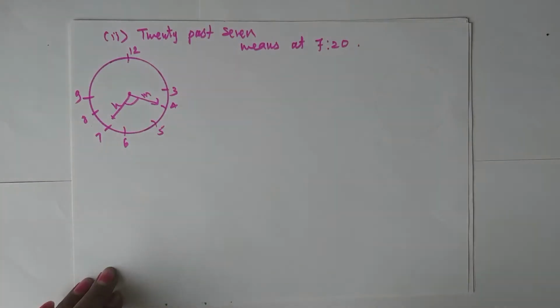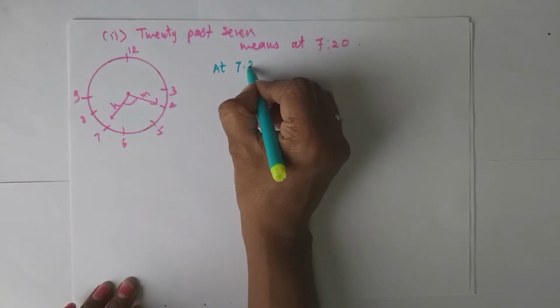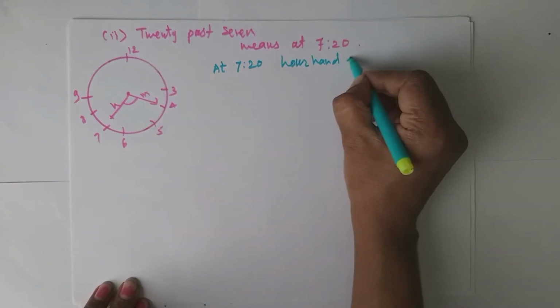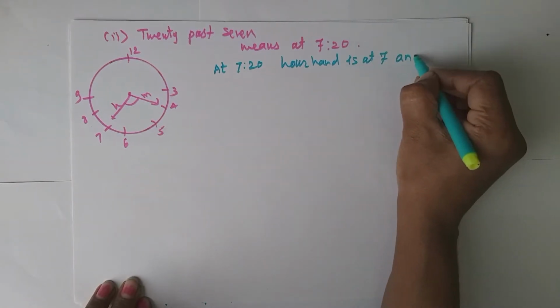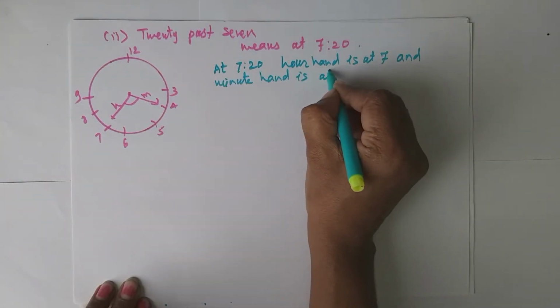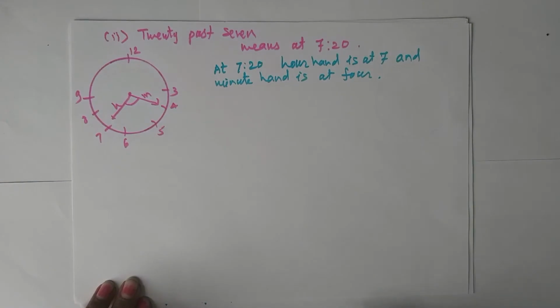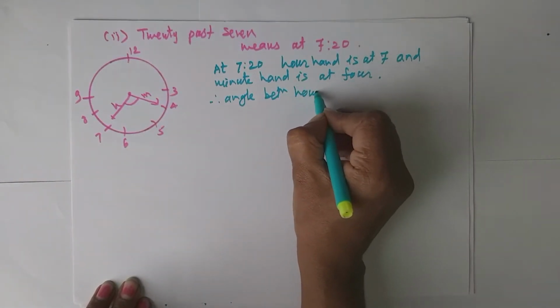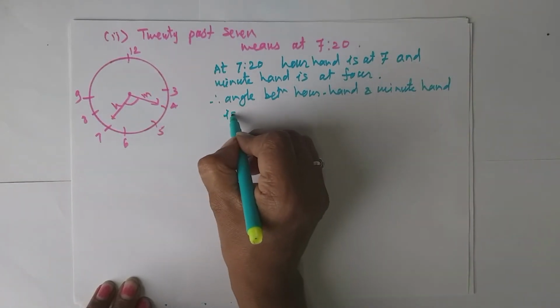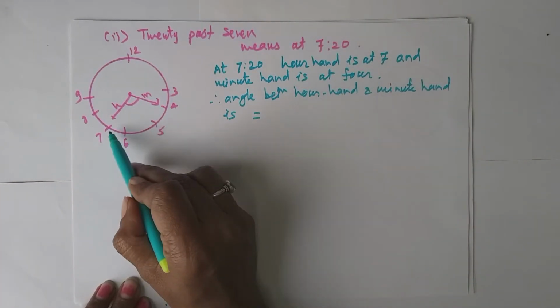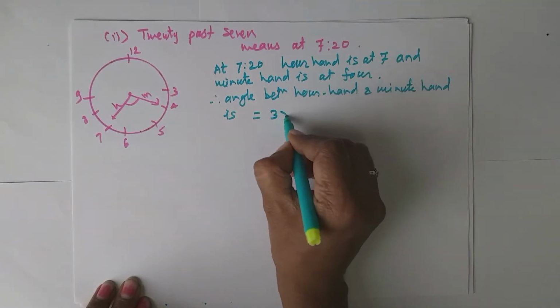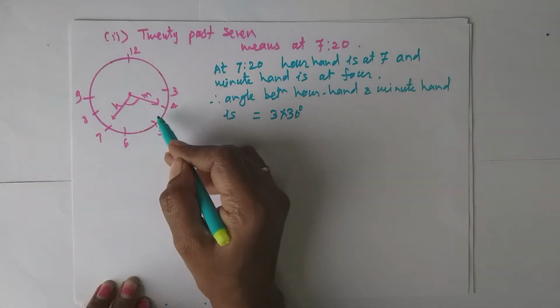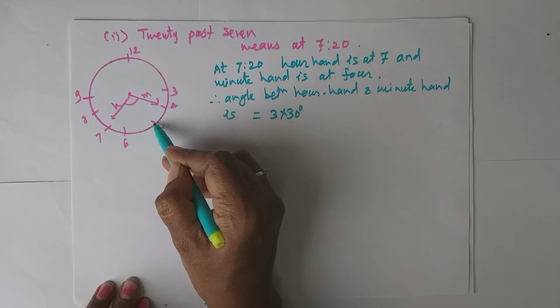Okay. Therefore, you write down here at 7:20, hour hand is at 7 and minute hand is at 4. Therefore, angle between hour hand and minute hand is, see how many divisions are there? There are 1, 2, 3 divisions. Therefore, 3 into 30 degree, because in one division hour hand moves 30 degree.